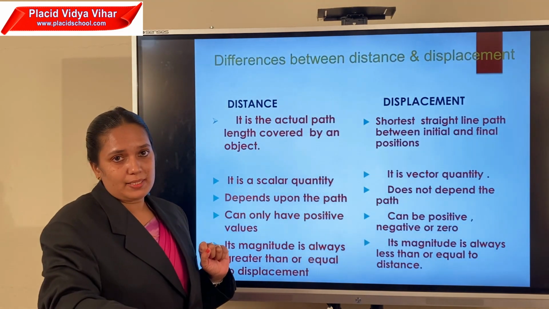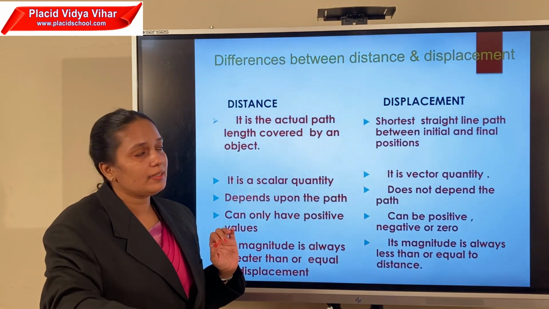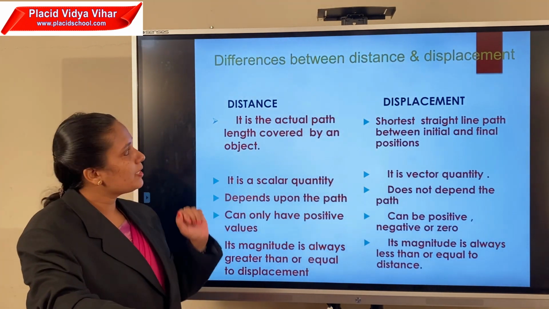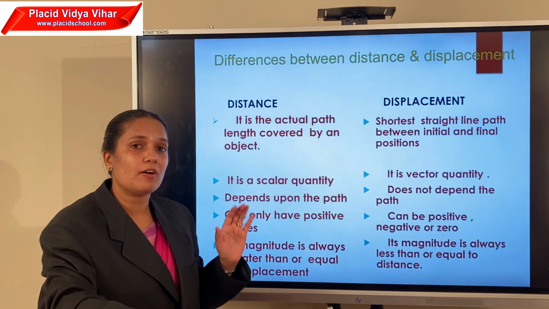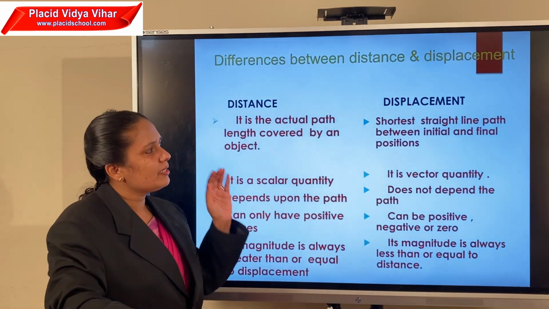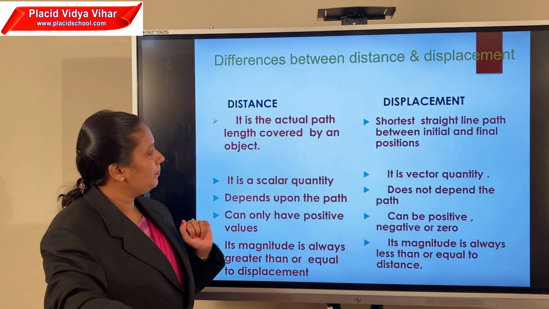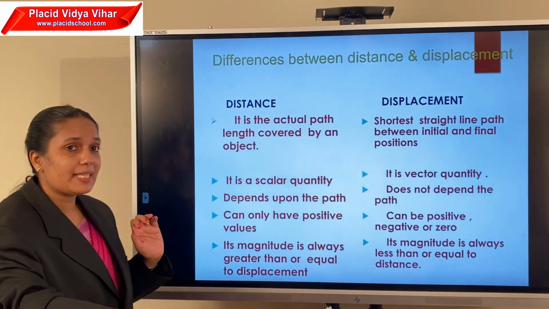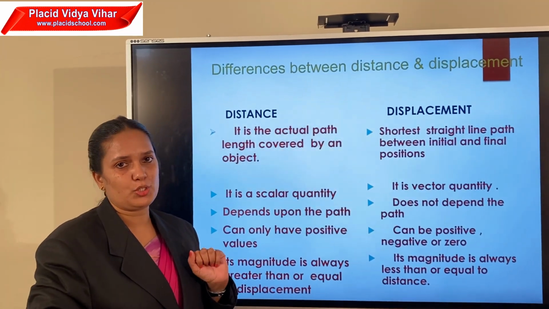So let's summarize the differences between distance and displacement. Distance is the actual path length or total path length covered by an object, but displacement is the shortest straight line path between initial and final position. Distance is a scalar quantity because it has only magnitude.